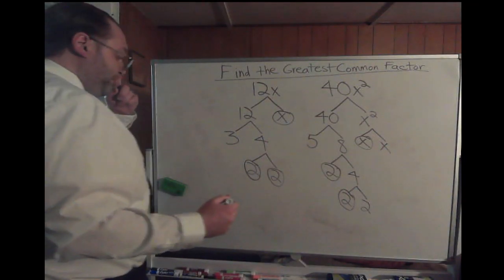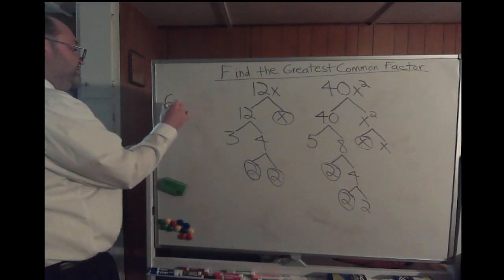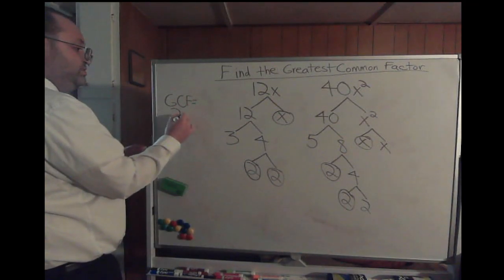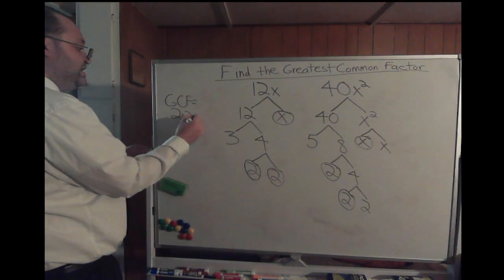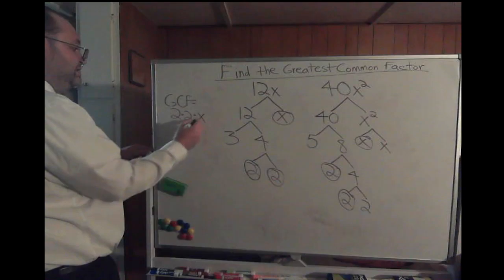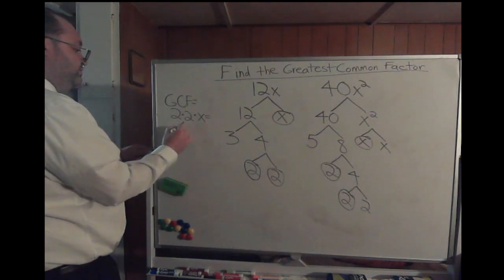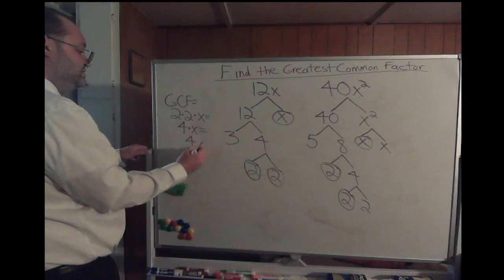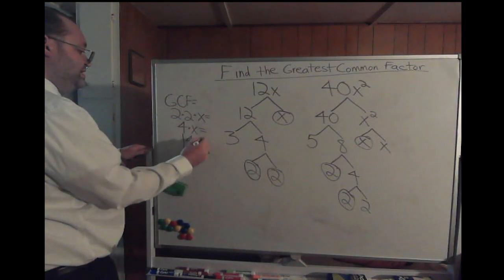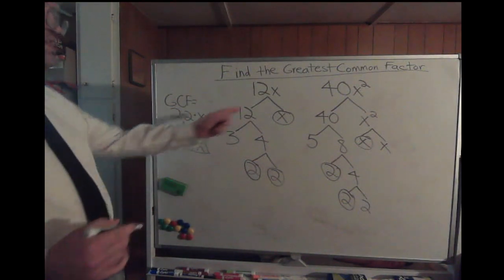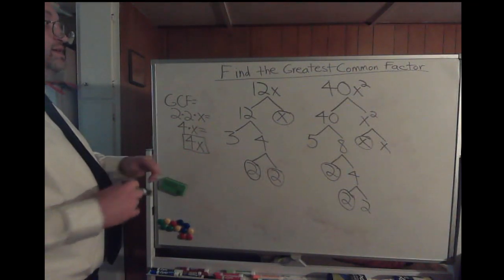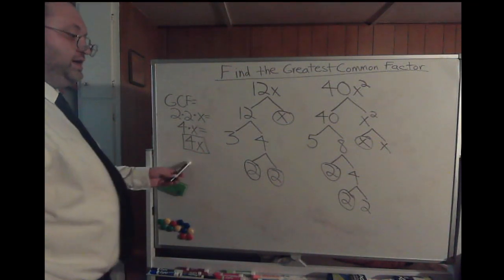So the greatest common factor is going to be equal to 2 times 2 times x, which would equal 4 times x, which would simply equal 4x. So the greatest common factor for this set of monomials is going to be 4x. That's exactly what you would get.